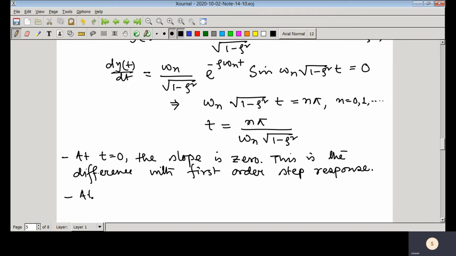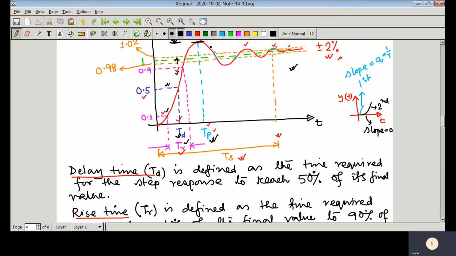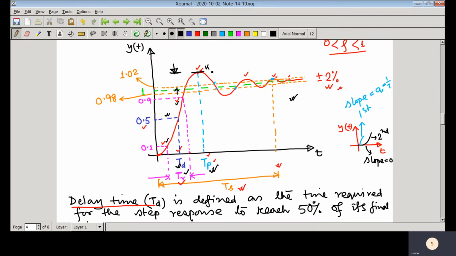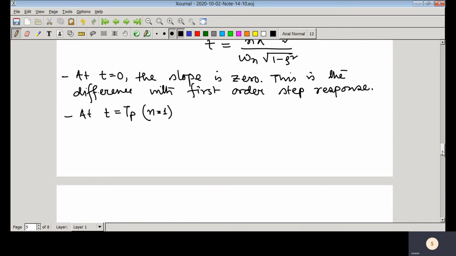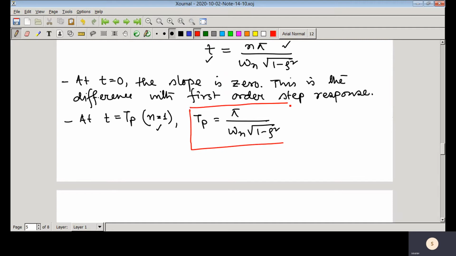And at t equal to Tp, that means n equal to 1, here you can see, this is the Tp, and the first peak occurs at Tp. So Tp, with n equal to 1, is pi divided by omega n square root of 1 minus zeta square. So this is that expression for the peak time.